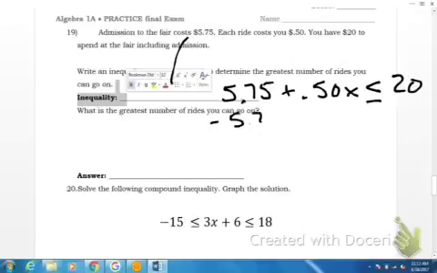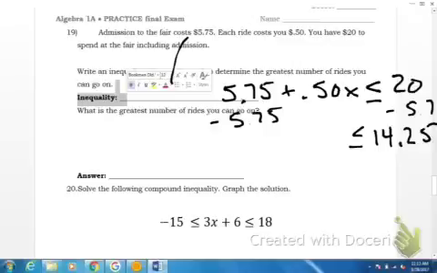So then when we subtract 5.75, we get 14 1/4, right? 14.25. And then when we divide that by 50 cents, we get 28.5.